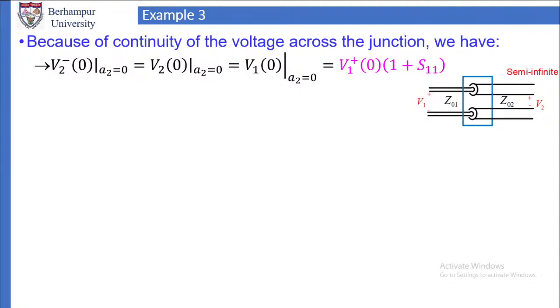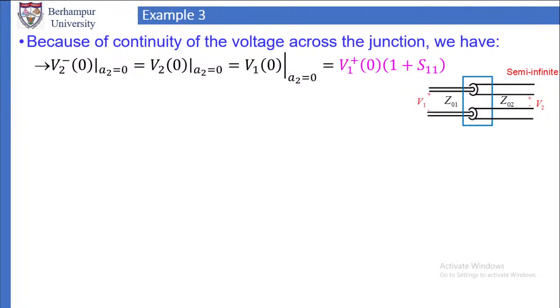Now you can see what V20 is and what V10 is. V20 is at the reference for transmission line 2, which is on the right-hand side. V10 is for the transmission line on the left-hand side, and both of these should be equal at the junction. So V2 is equal to V1 at the junction.